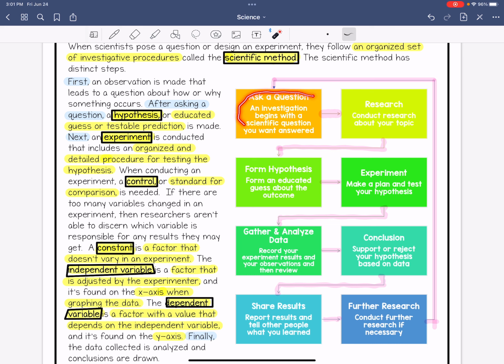First we ask a question, and then we do the research, and then we make a hypothesis, an educated guess, and then we test the hypothesis, and then we gather and analyze data, and then we make a conclusion, and then we share the results, and then we do further research.